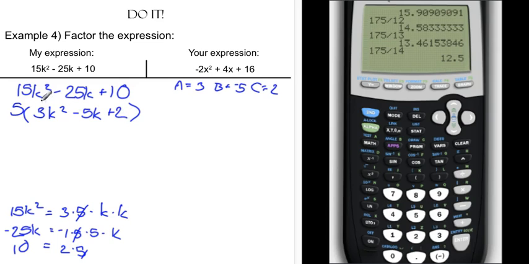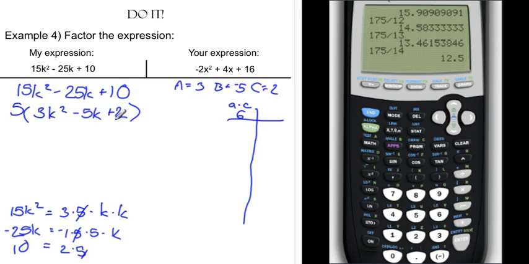Now you will be able to still factor this if you left it as 15 and negative 25 and 10. But notice that when I do a times c, if I don't factor out that greatest common factor first, I'm going to end up with 15 times 10, or 150, that's right here that I have to deal with, instead of 6, which is noticeably easier to deal with.